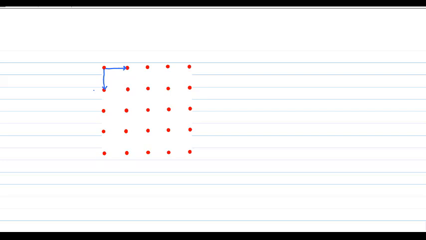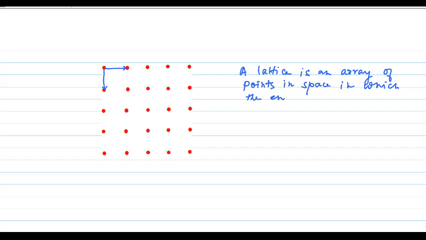So a more accurate definition of lattice from this perspective would be this: a lattice is an array of points in space in which the environment of each point is identical.